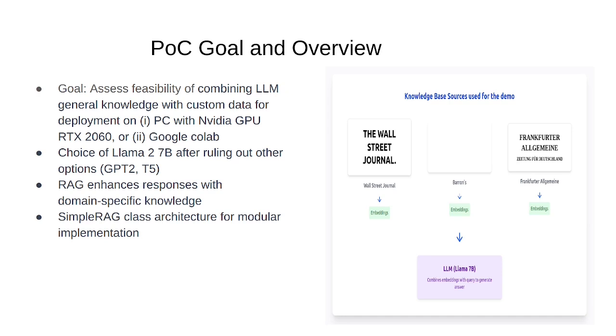So the goal of my proof of concept is to assess whether we could effectively combine Llama general knowledge with custom domain data while running on consumer-grade hardware, specifically a PC with an RTX 2060 or Google Colab.